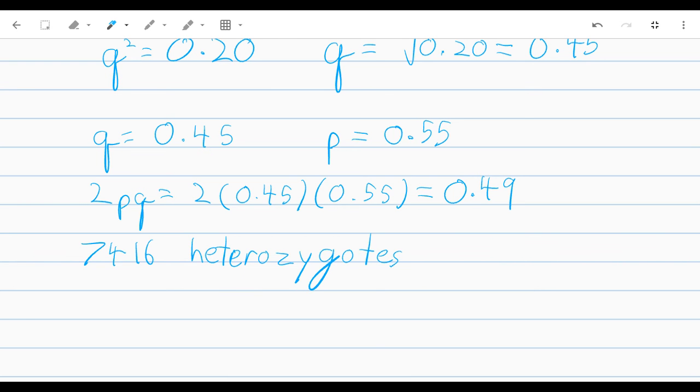Now we would probably round this to 7,400 or 7,420. There is still a decimal place that's after this, so it's not going to be a perfect number, but that's going to be pretty darn close. So we know that there's 7,416 or 7,417 heterozygotes in this particular population.